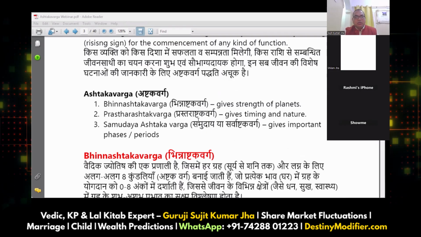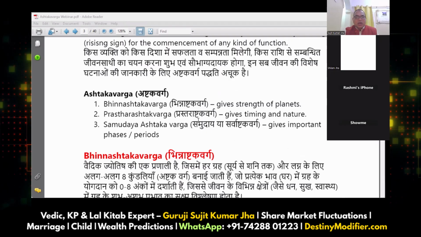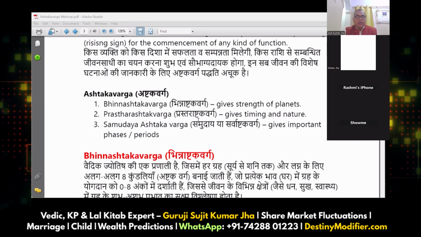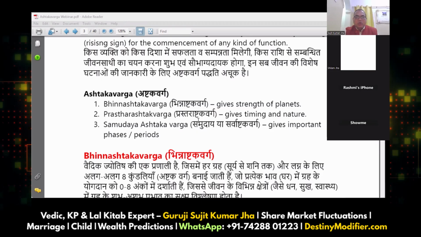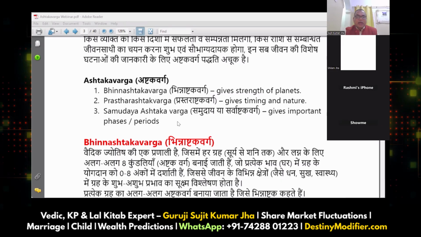It is used for the transit of a planet, in which kaksha it is going on. Based on this, we can give the result for prediction, whether the planet is able to give a good result or not. Then Samudayak Ashtakavarga.